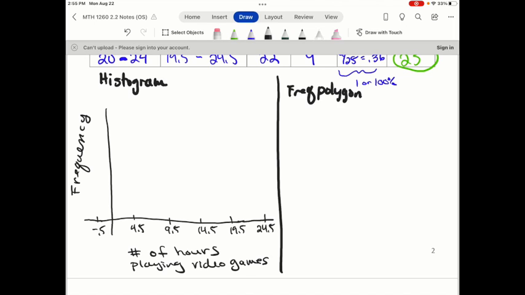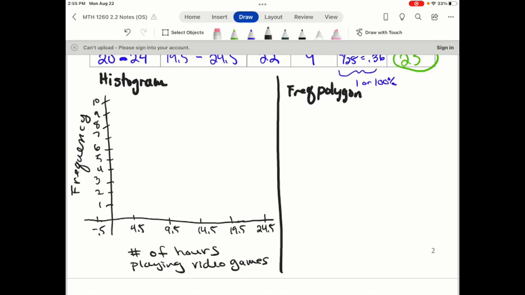Now, for my frequency, the highest value it goes up to is 9, so maybe I'll go up to 10. So I'll go by ones here, I guess. 1, 2, 3, 4, 5, 6, 7, 8, 9, 10. Okay, so there's my frequency.